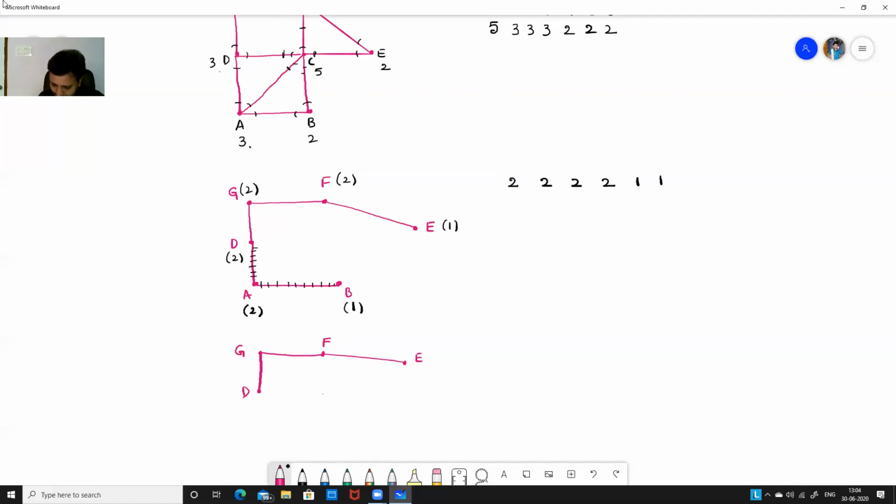We have only one more vertex here, that is B. So which vertex was removed here? We removed A.